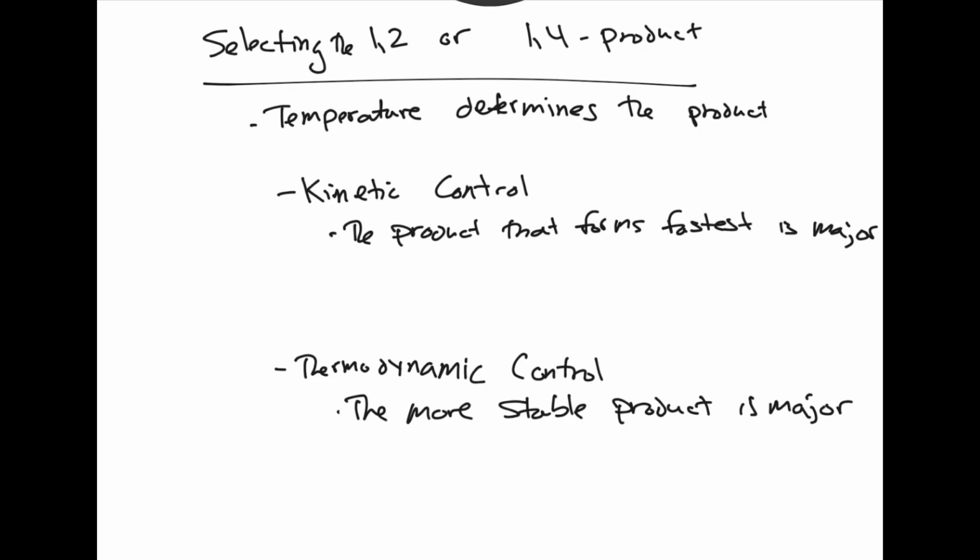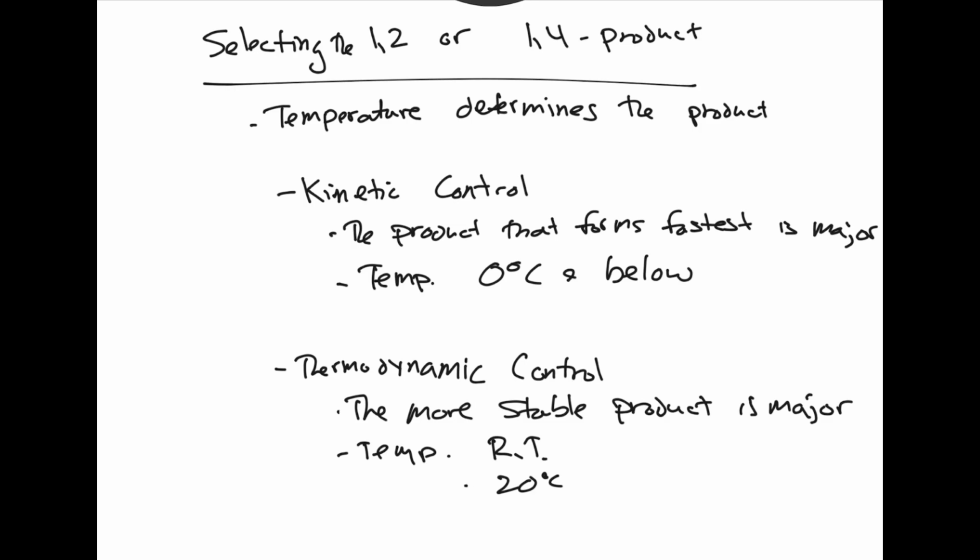So reactions under kinetic control, for me, I keep it simple. The temperature is going to be 0 degrees C and below. The temp for thermodynamic control is going to be roughly room temperature, which is about 20 degrees C, and above.